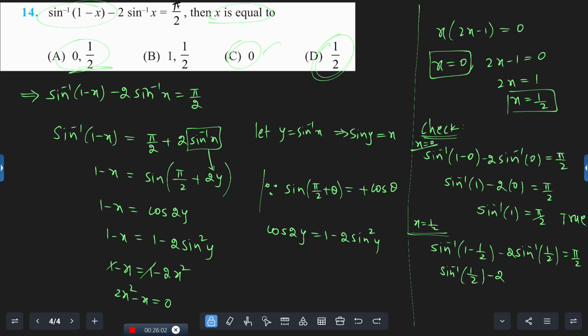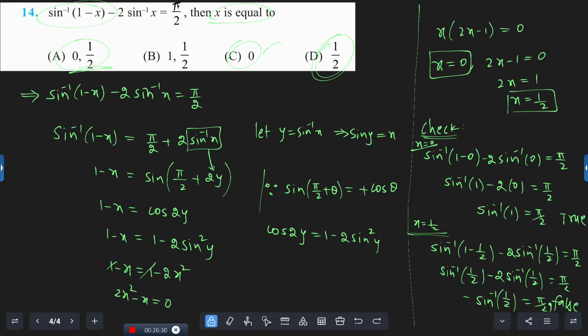Okay, minus 2 times sine inverse 1 by 2 equal to pi by 2. So 2 times 1 by 2, 1 time 1 by 2 we can subtract. So what will you be getting? Minus sine inverse 1 by 2 equal to pi by 2. Sine inverse 1 by 2 equal to, is it pi by 2, children? No, pi by 6 you will be getting. So this is false. Have you noticed, for 1 by 2 we got a false answer.